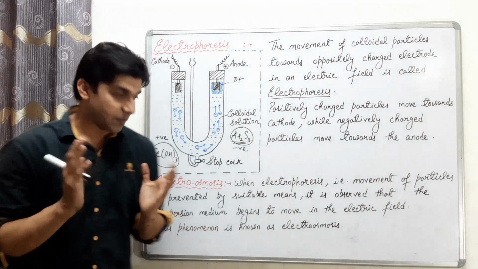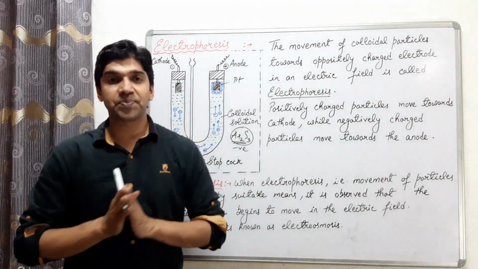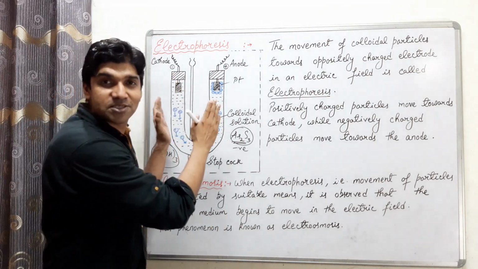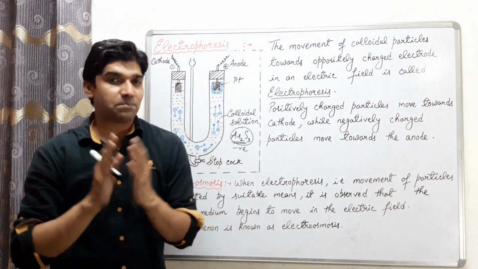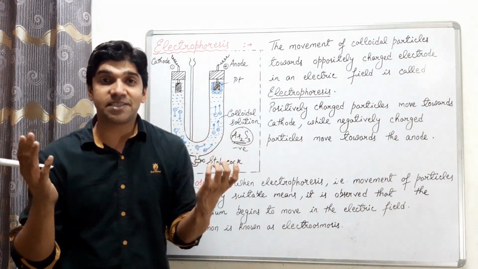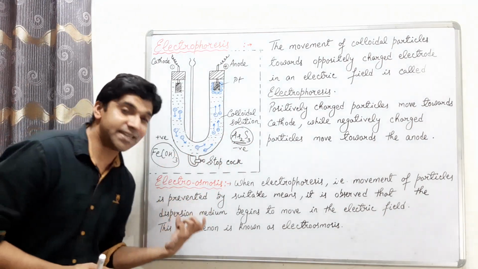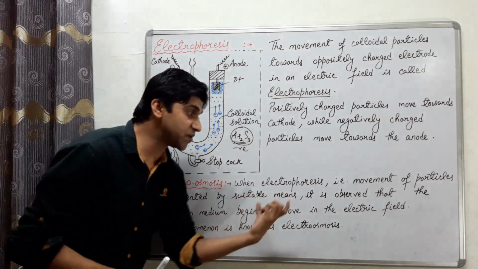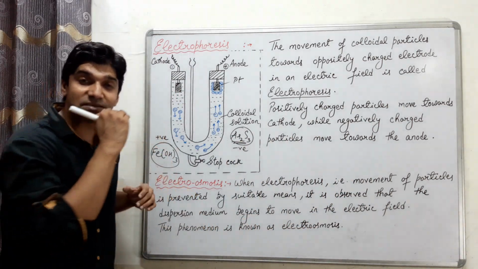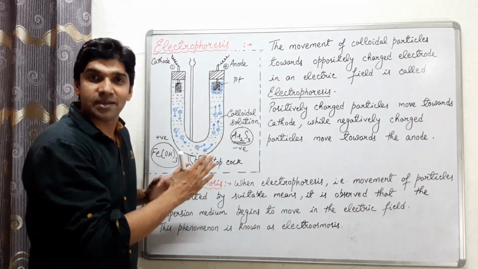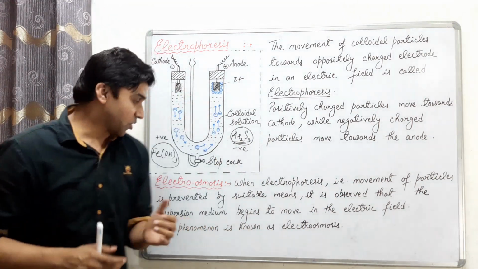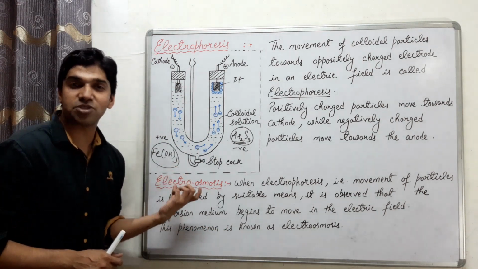ठीक है? अब आते हैं electroosmosis में. So when this process of electrophoresis is prevented by some suitable means, then what we observe? It is observed that the dispersion medium will now begin to move in the electric field, and the movement of the dispersion medium in the electric field toward the oppositely charged electrode is called electroosmosis.